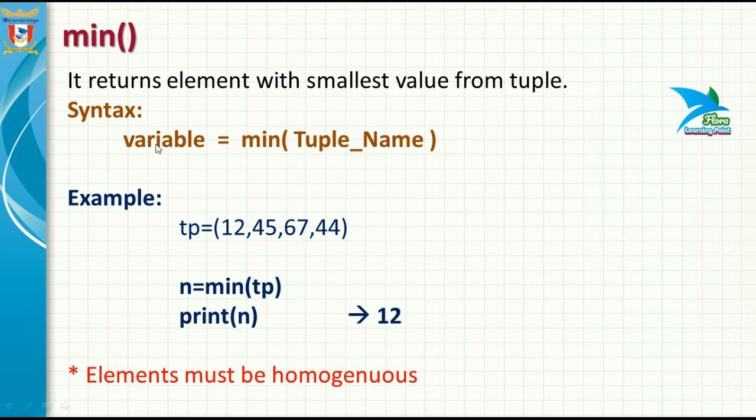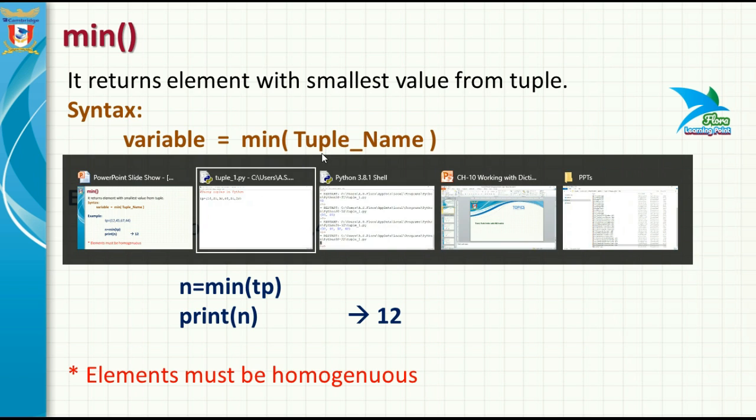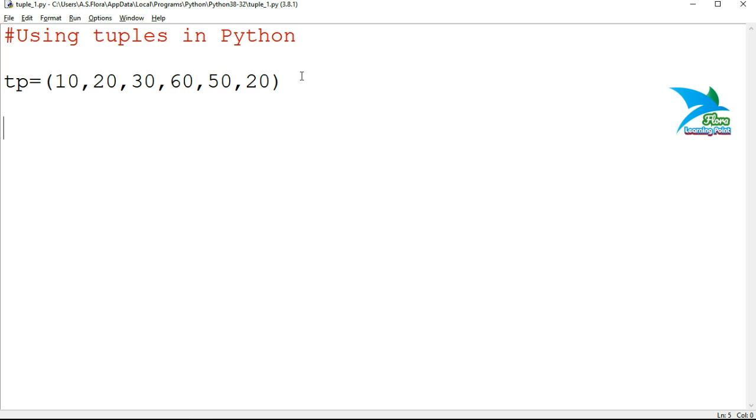After the max function we also have the min function. It returns the element with the smallest value, and the syntax is the same, and the condition is also the same: the elements must be of homogeneous data type. So let's demonstrate how we can use the max and min functions.